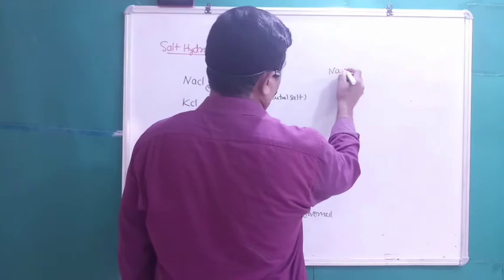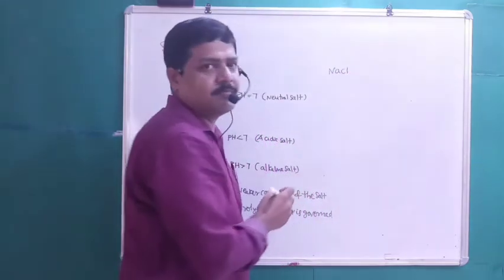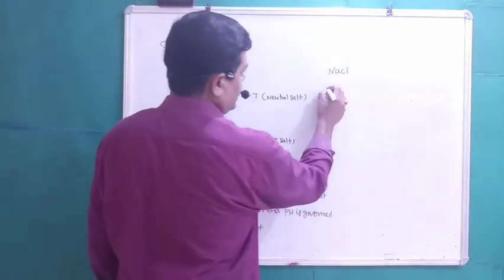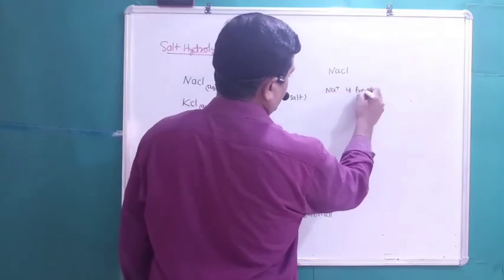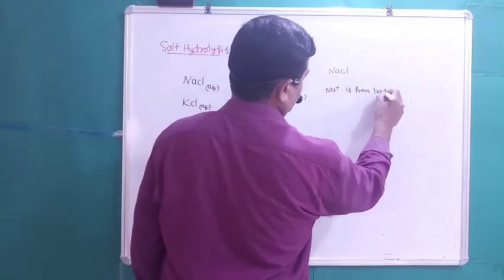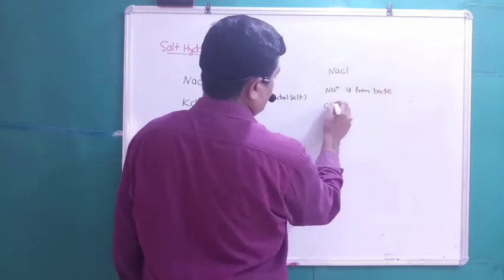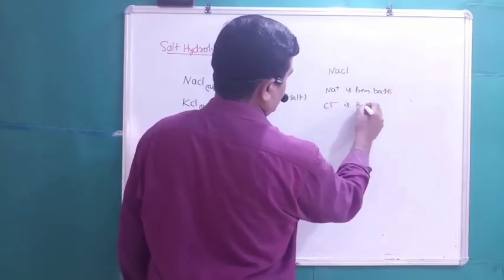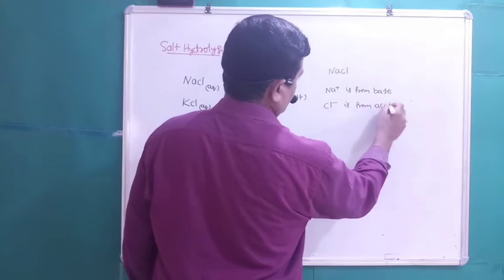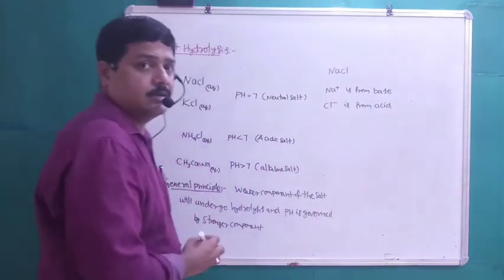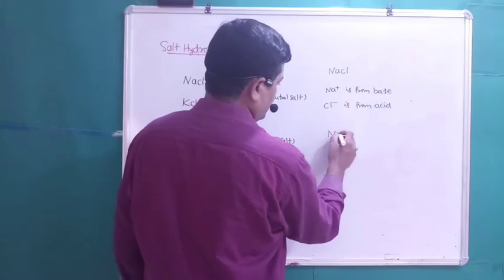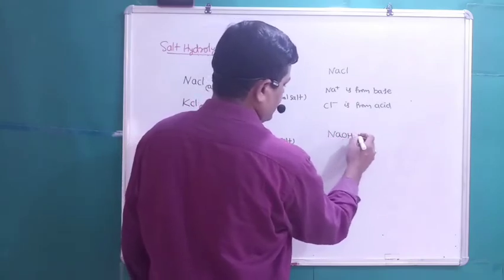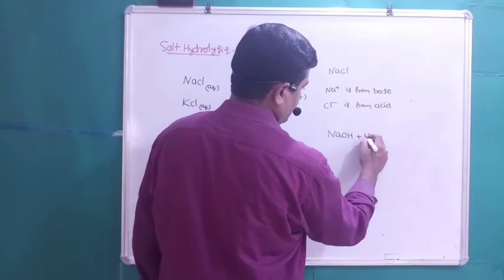So generally, if you take any salt, NaCl we will take, the cationic part of the salt, that is Na plus, is from the base. The anionic part of the salt is from the acid, right? NaCl is formed from the neutralization reaction of NaOH and HCl.